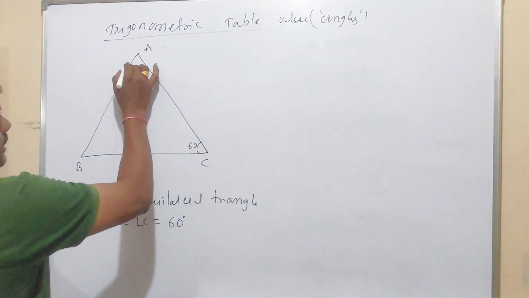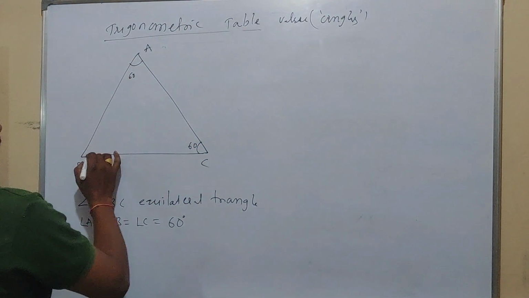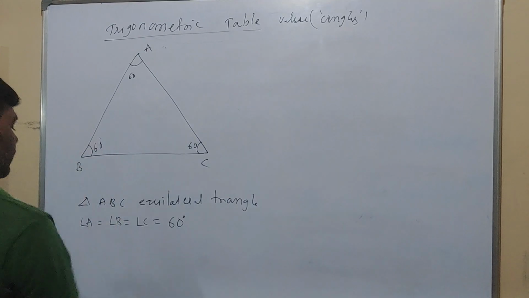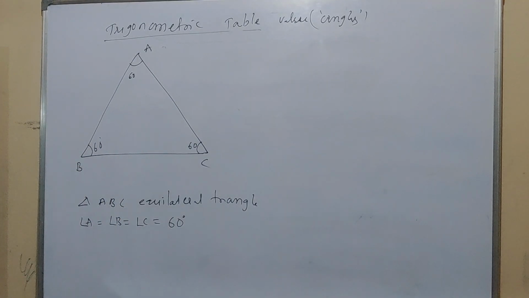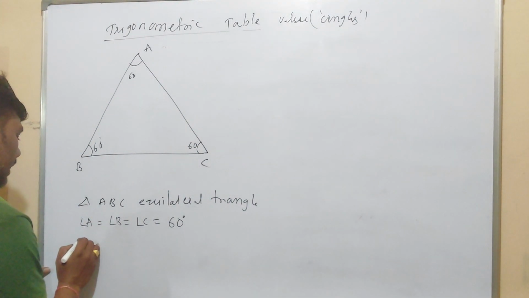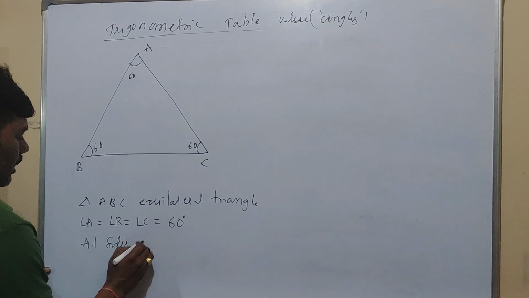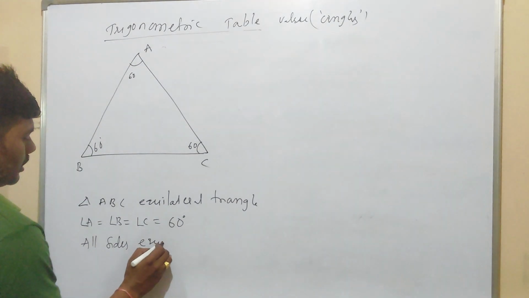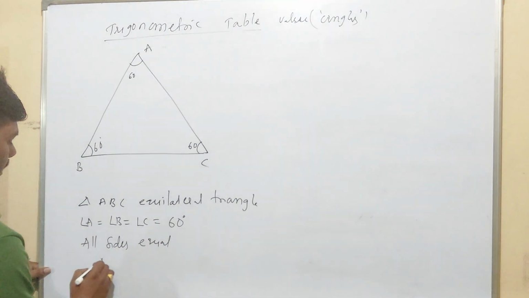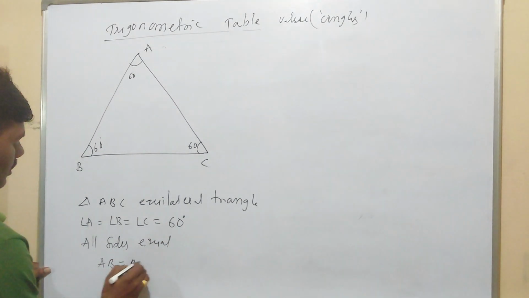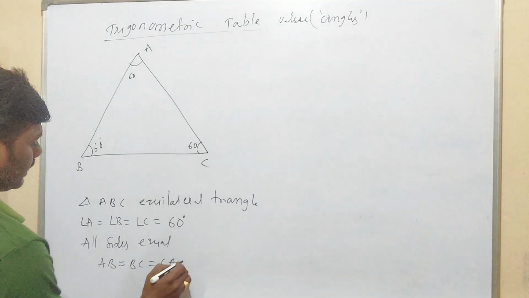Equilateral triangle means all sides are equal, so AB equals BC equals CA.